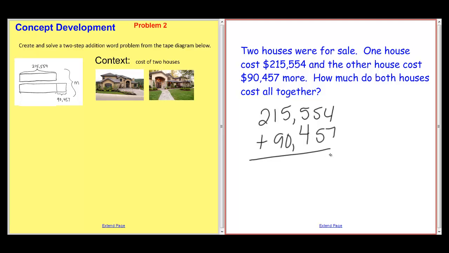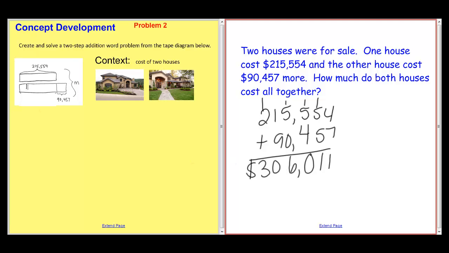So when I add these together, I get $306,011. So this is how much the more expensive house costs.